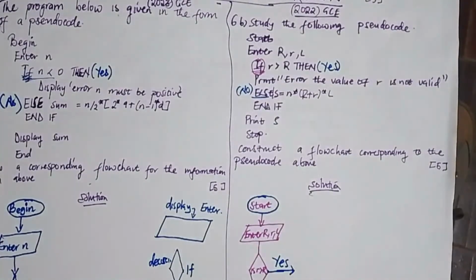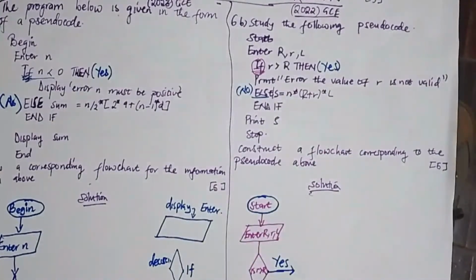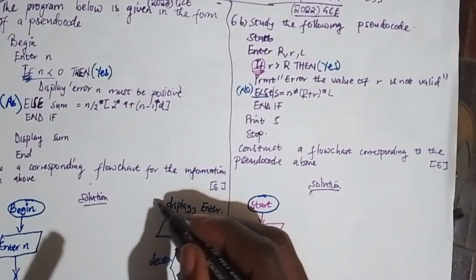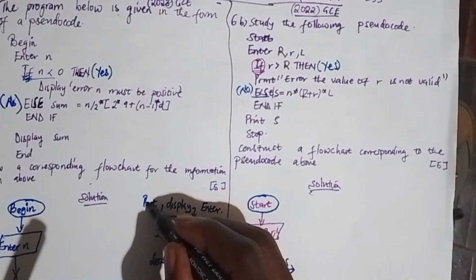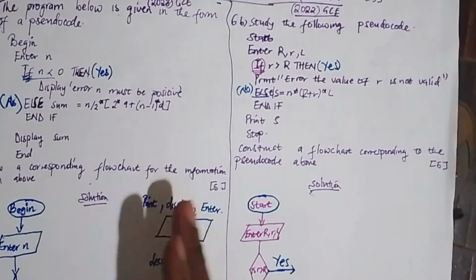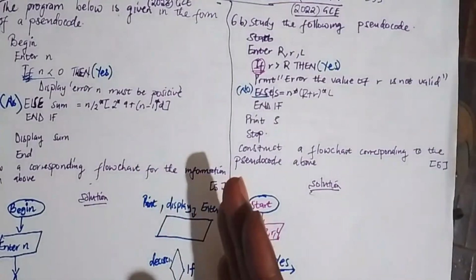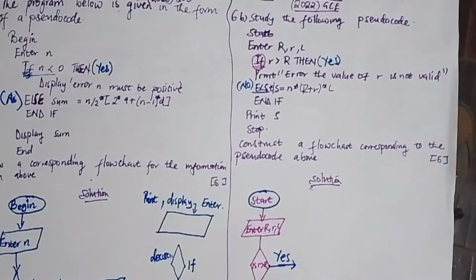After saying yes, you ask yourself, what is the next statement? The next statement is print. I forgot to also tell you print. If you see print, display, and enter, remember you are supposed to enter them in this box.